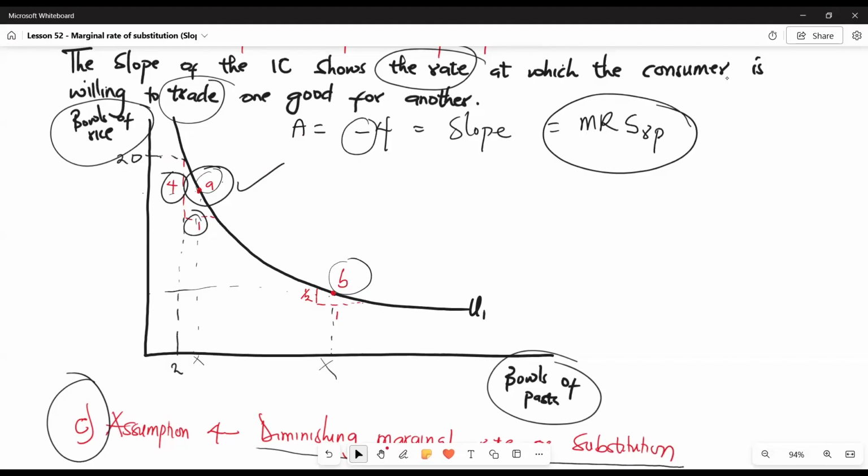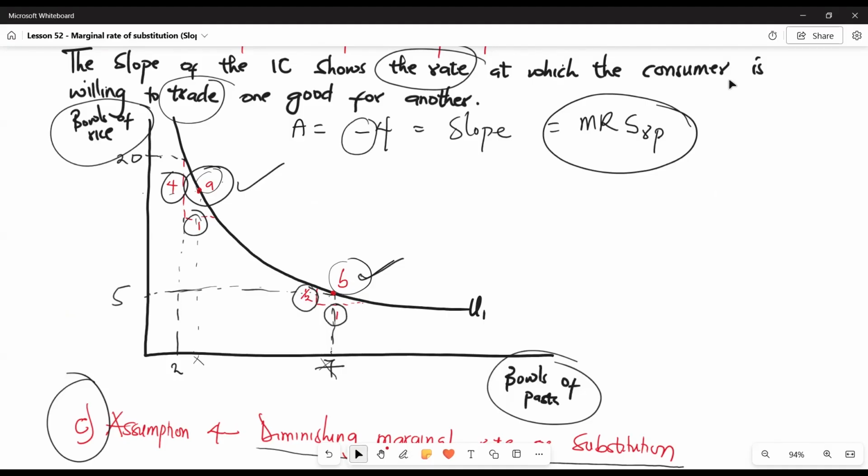If we move down the indifference curve towards point B, we can see that at this point, the bowls of rice that Ella has decreased perhaps to 5, and the bowls of pasta has increased perhaps to 7. Around bundle B, Ella has fewer bowls of rice, so she's willing to give up only half a bowl of rice for an additional unit of pasta.